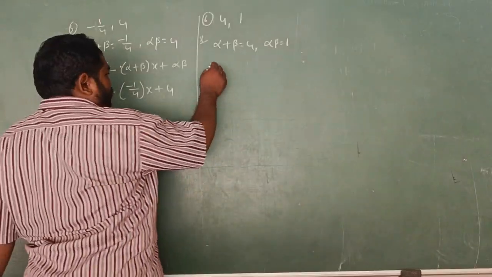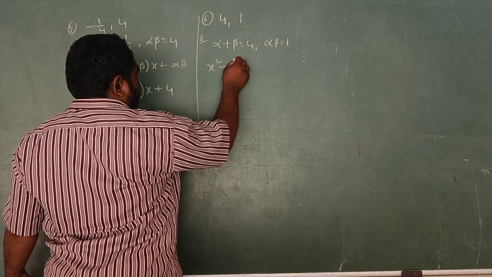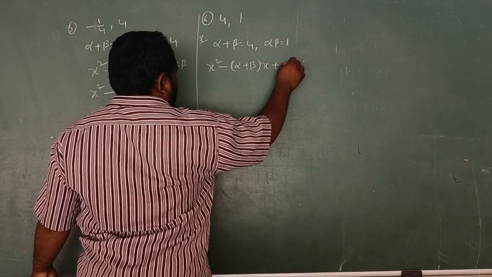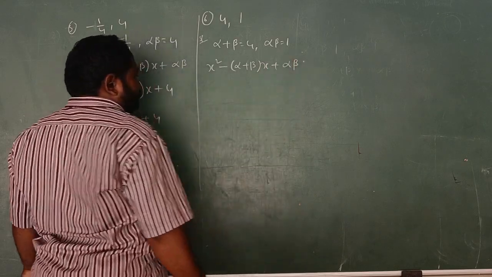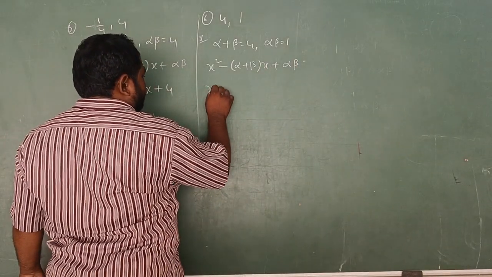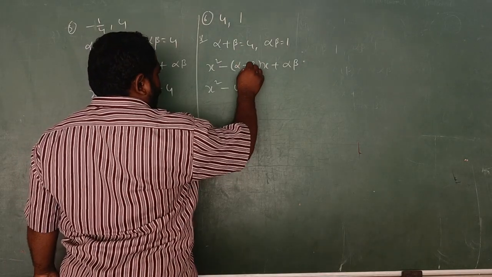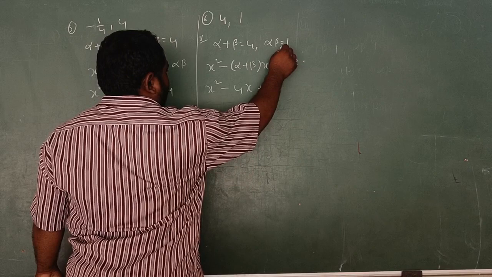Therefore, the required quadratic polynomial is x square minus alpha plus beta into x plus alpha into beta. So x square minus 4x plus alpha beta, which is 1.